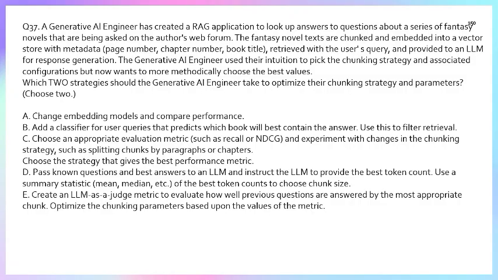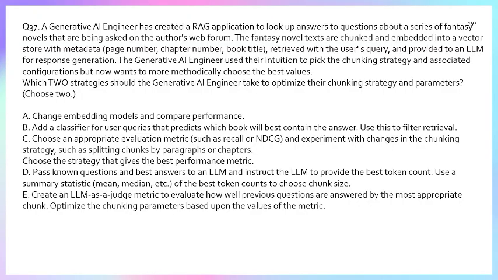The generative AI engineer used their intuition to pick the chunking strategy and associated configuration, but now wants to choose the best values more methodologically. Which two strategies should the generative AI engineer take to optimize their chunking strategy and parameters?